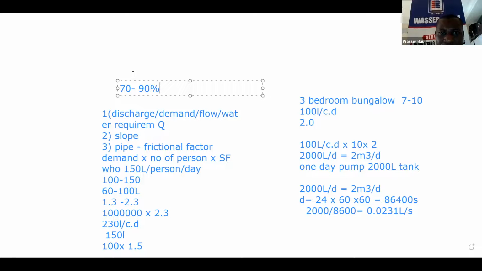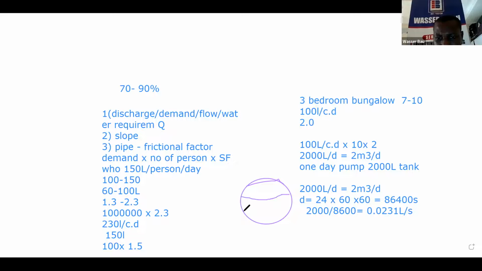What this simply means is, if this is your pipe, water flow should be between here and somewhere here. This should be the lower boundary, this should be the upper boundary.